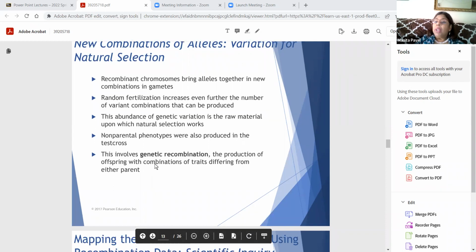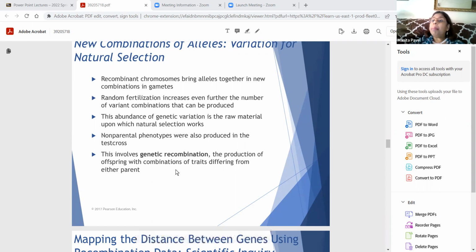This involves genetic recombination. What is genetic recombination? You're recombining the genes. It's the production of offspring with combinations of traits differing from either parent. So if you notice, some of us may have inherited a trait that neither of your parents possess.